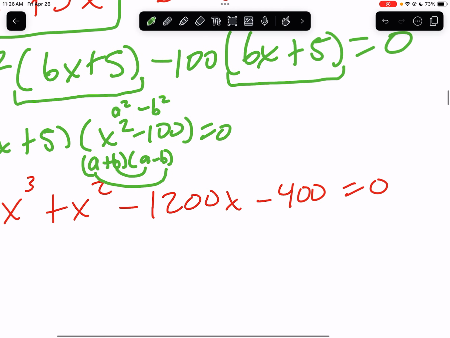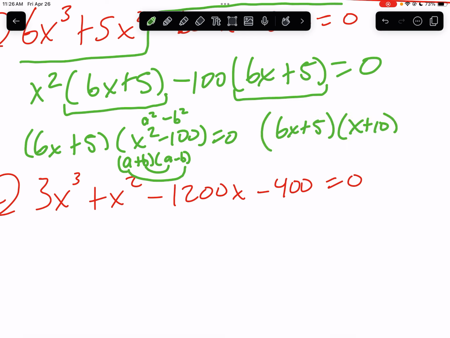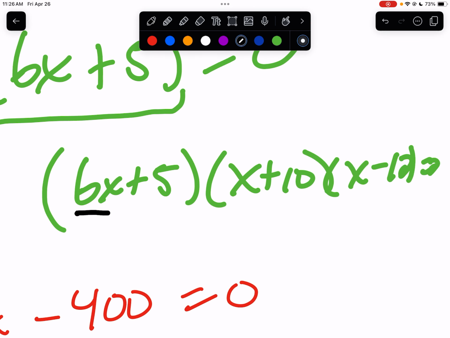All right, so when we do this, we're going to get 6x plus 5 times x plus 10 times x minus 10 equals 0. But we're not done yet. We actually need to solve the equation. If this was the number 0, remember 6x plus 5 is one number.